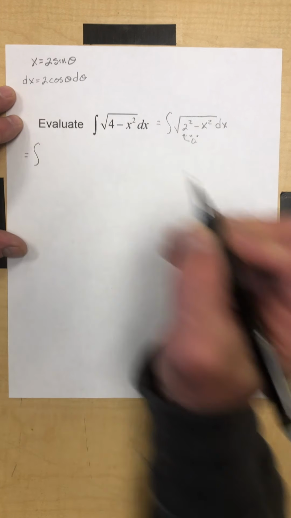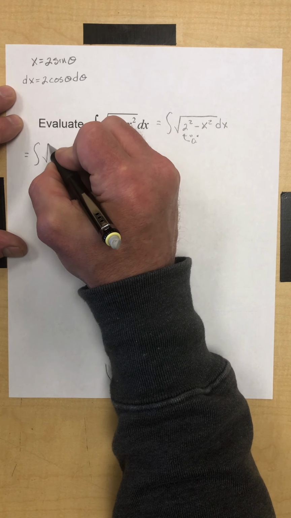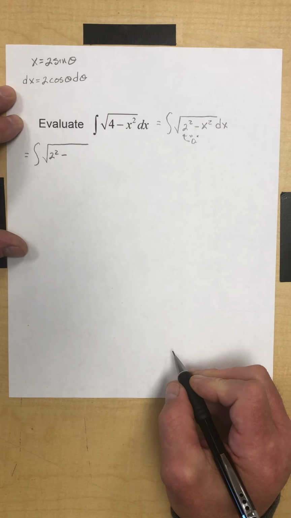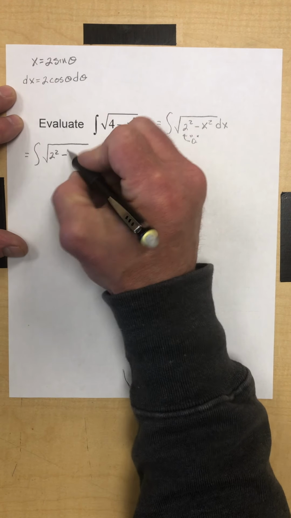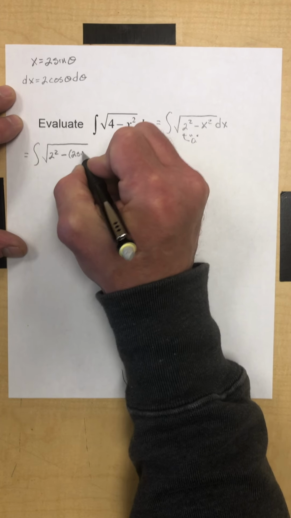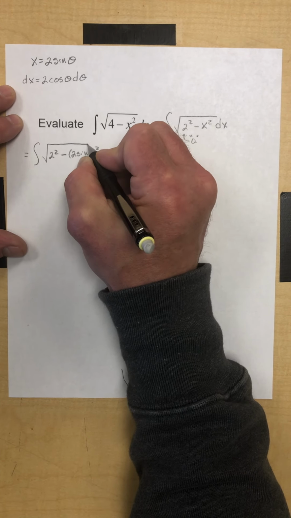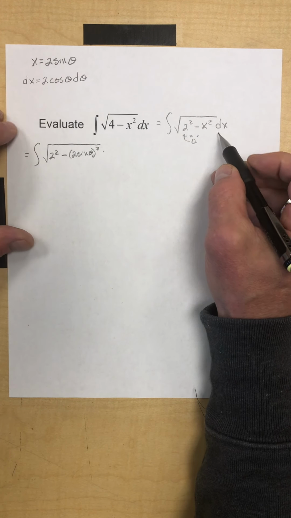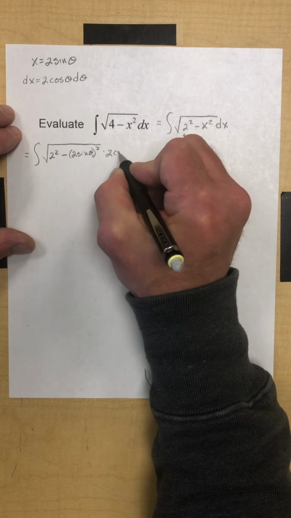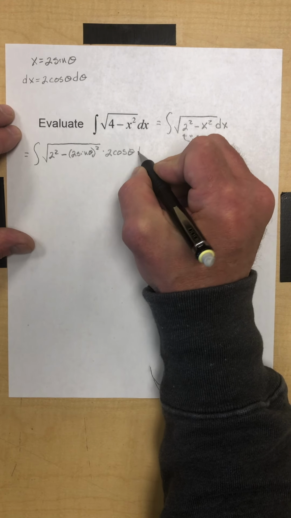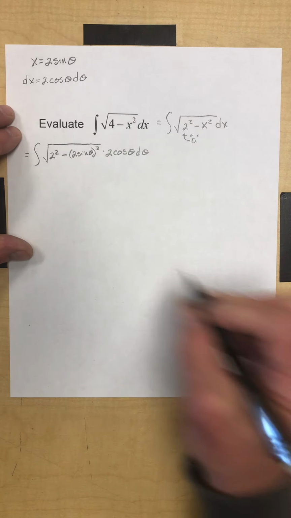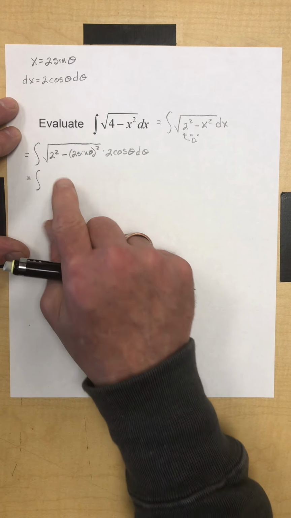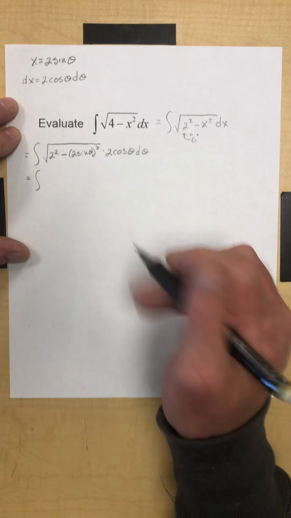I get the square root of 2 squared minus, x is 2 sine of theta, 2 sine of theta squared, times the dx, which is now 2 cosine theta d theta. So let's see what we've got going on here. Notice I have a constant multiplier of 2 squared.